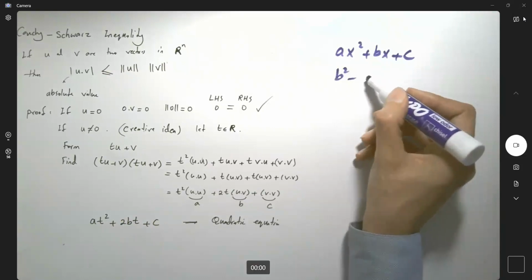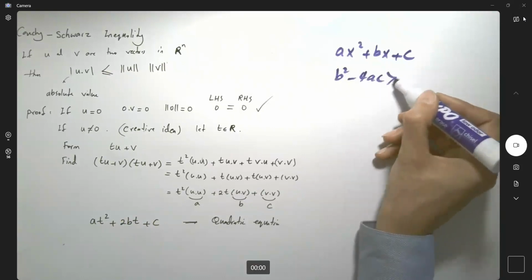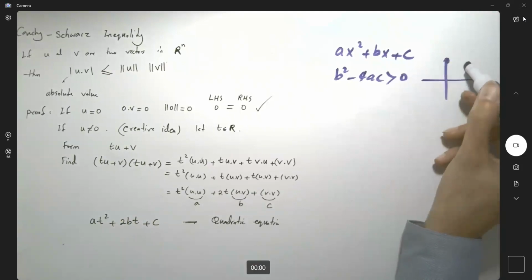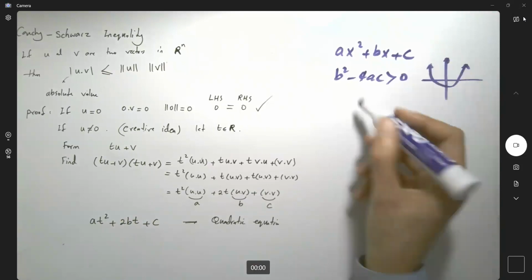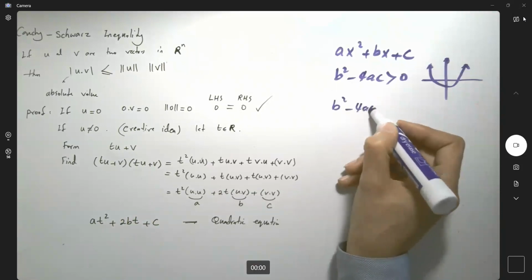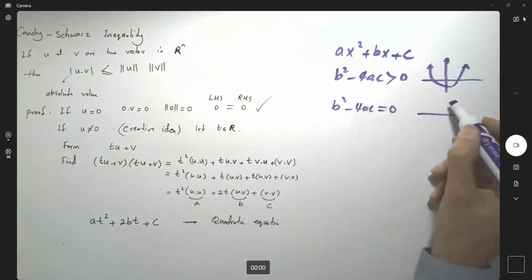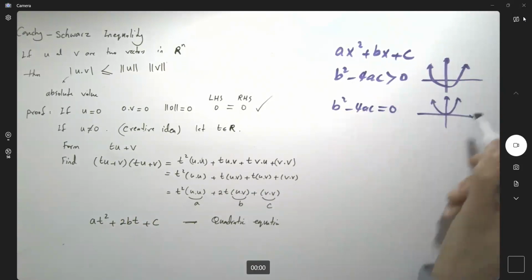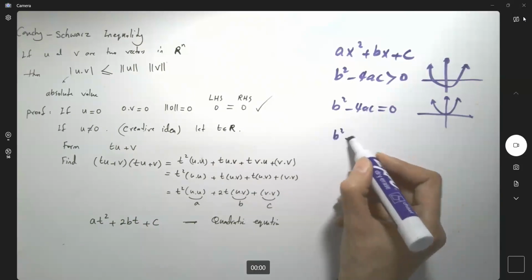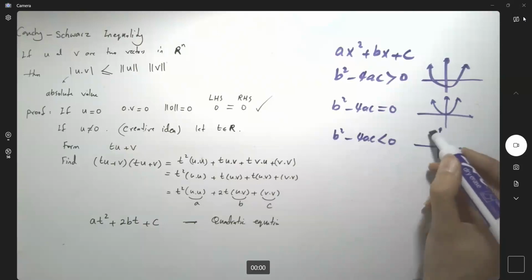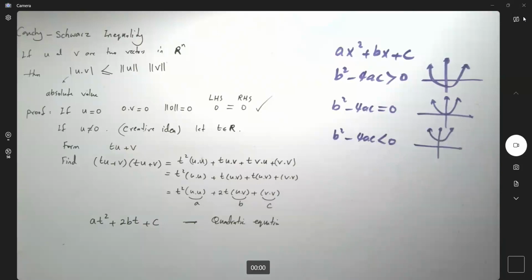If b squared minus 4ac is positive, then the graph crosses the x-axis. If b squared minus 4ac is equal to 0, then you only have one intersection with the x-axis. If b squared minus 4ac is negative, then there is no intersection with the x-axis.